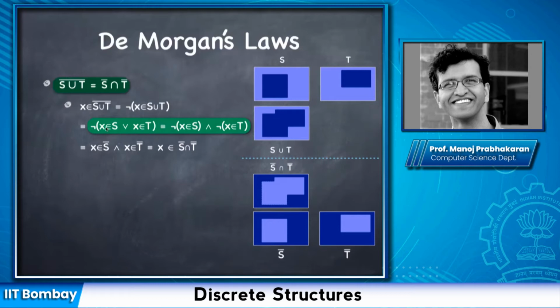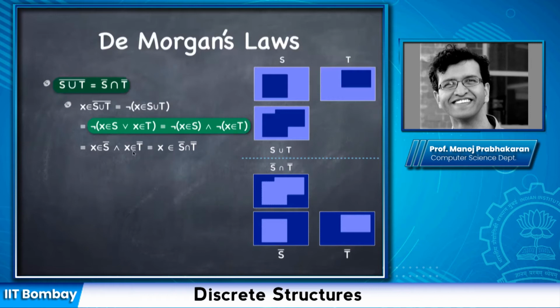And we get that this is equivalent to the negation of x is in S and the negation of x is in T. And then we again apply the definition of the complement. So this first negation, x is not in S, can be written as x is in S complement. And similarly, this translates to x is in T complement. And note that this is an AND. So x is in S complement and x is in T complement.